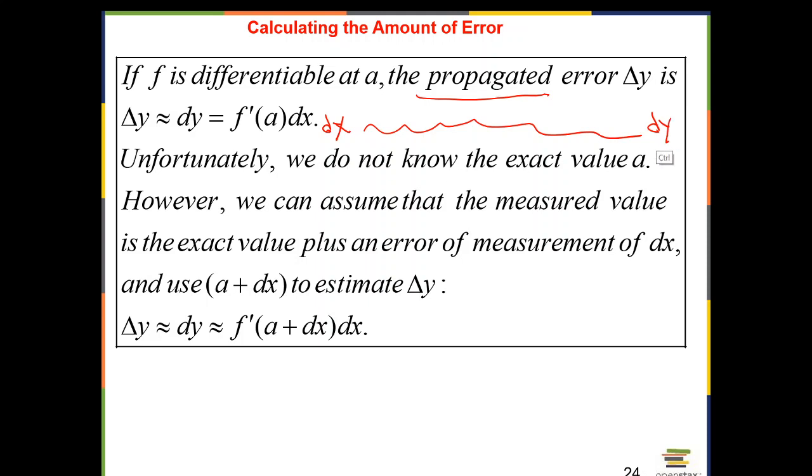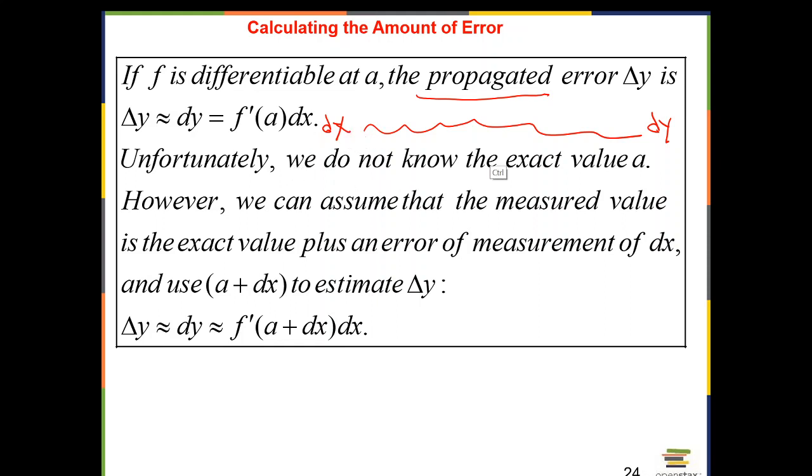Now, dx and dy will not be the same because dx is going to propagate in the system and become a big error. We want to prevent that, right? So in application problems, we're interested in calculating this output error based on the input.